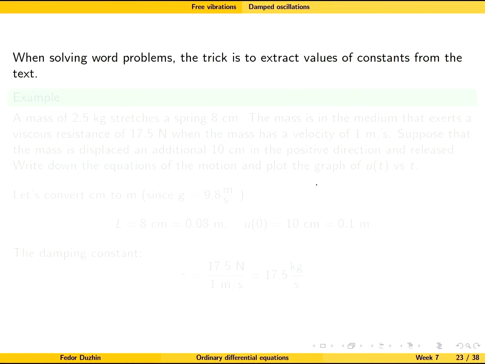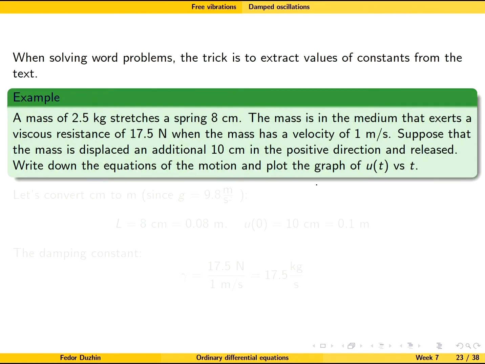Now when you solve word problems, again what you need to do is extract the right values of the constants from the text. So here is an example. I guess it's not too complicated, so let me go through it quickly. Here we have a mass that stretches a spring 8 centimeters, which means that L is given, the mass is given, and the mass is in a medium, whatever, air or water, that exerts a resistance of 17.5 newtons when the mass has a velocity of 1 meter per second.